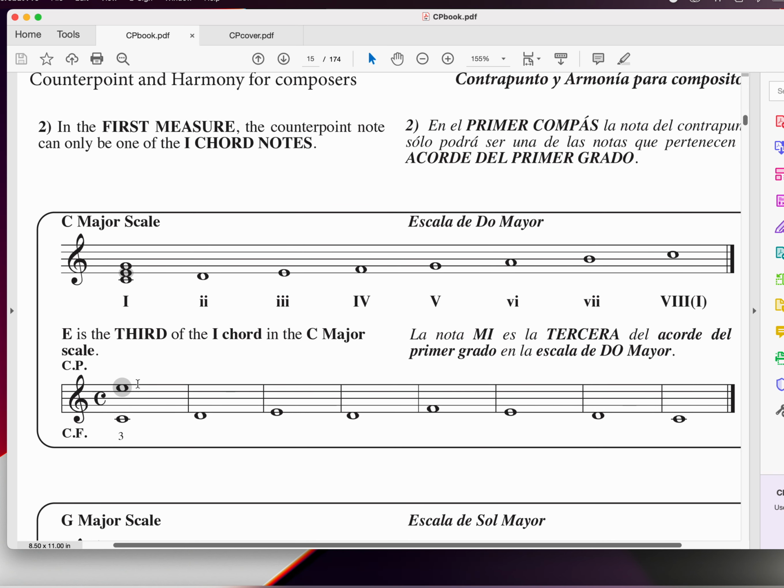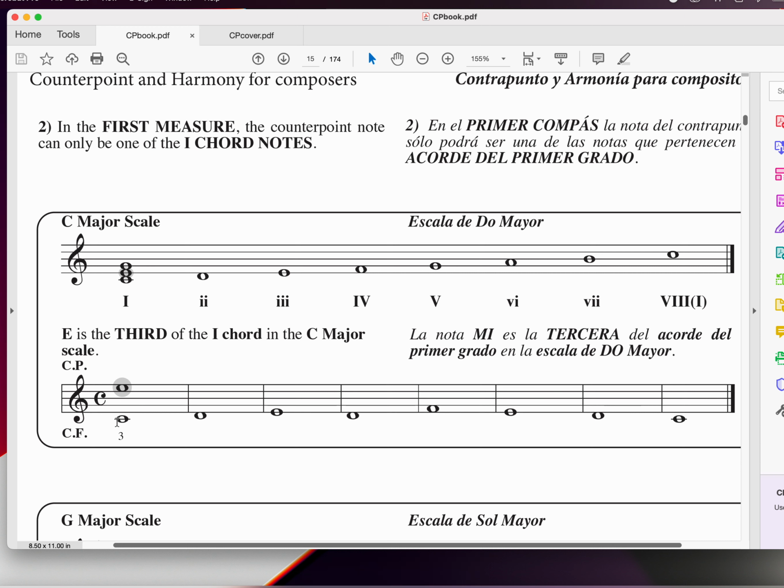Okay, the first measure. This first measure defines in which key you are writing that composition. So in this case, we're in the key of C. So only notes that belong to the first degree of the scale, the chord C, E, G, may be part of this first measure.